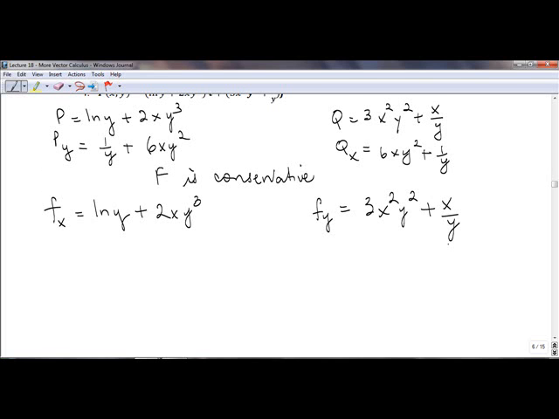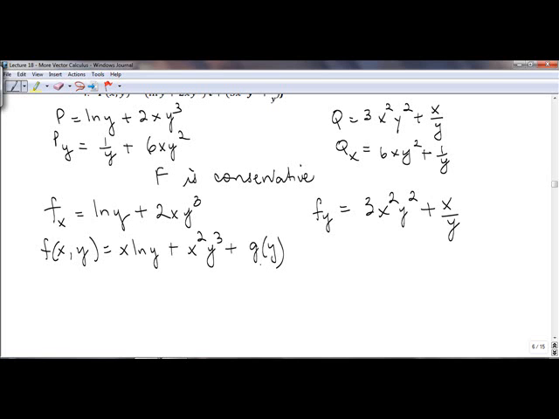That will enable us to find part of the potential function. So f of xy means we are partially integrating this with respect to x. What do you think that is? X natural log of y plus x squared y cubed plus g of y. Excellent.